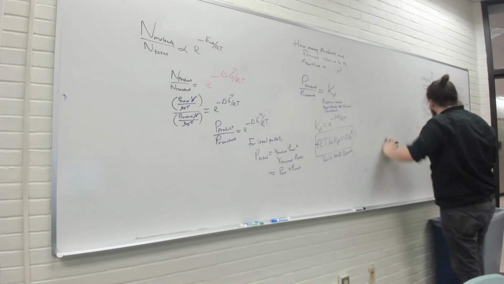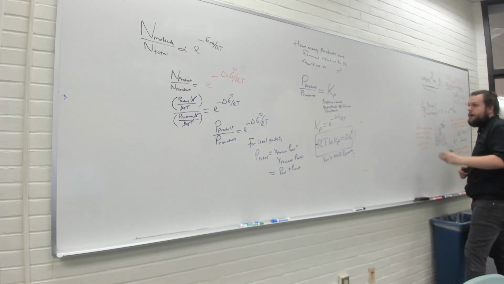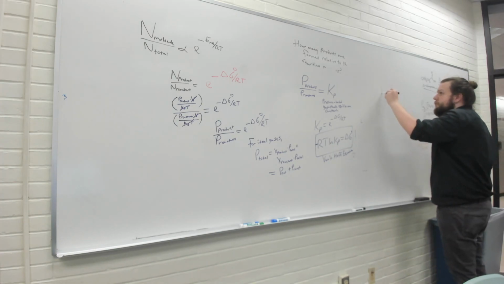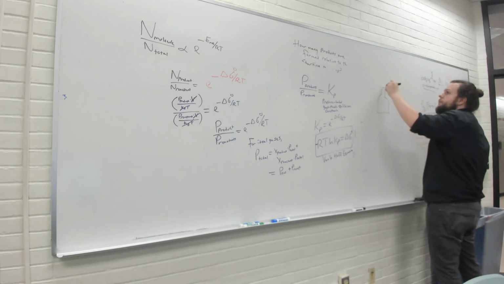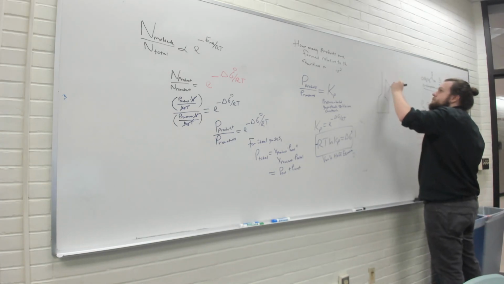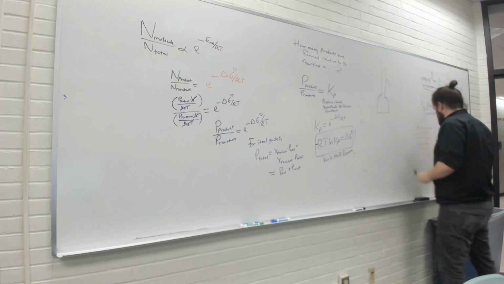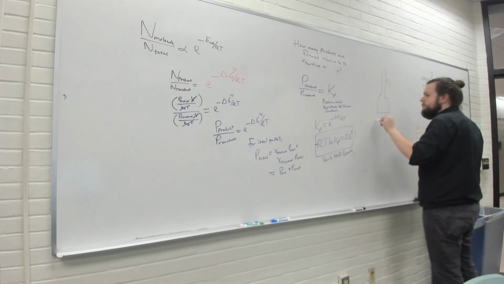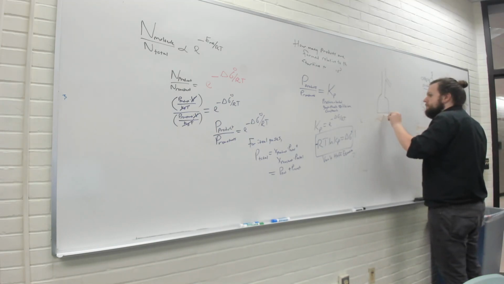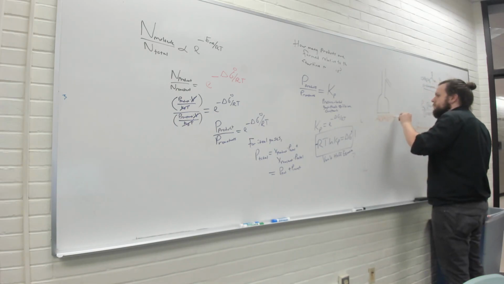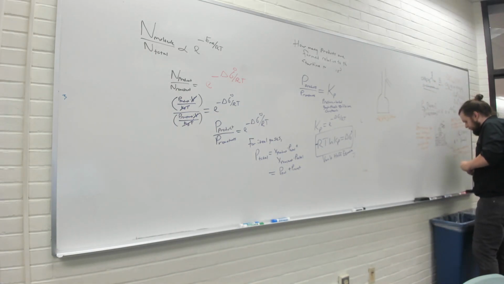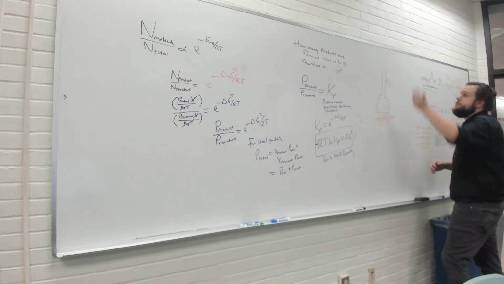So imagine you have a reaction that releases water. Let me draw a flask, a pear flask. And we heat it. And on top of it, we put a condenser.